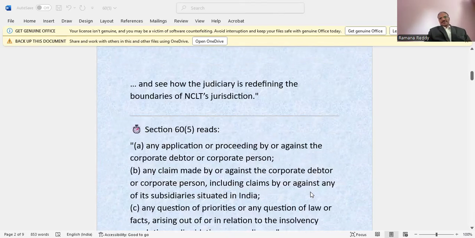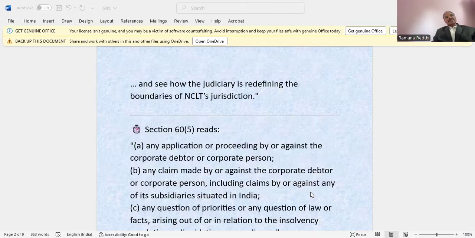What does Section 60 say? Section 60, subsection 5 reads: A, any application or proceedings by or against the corporate debtor or corporate person.